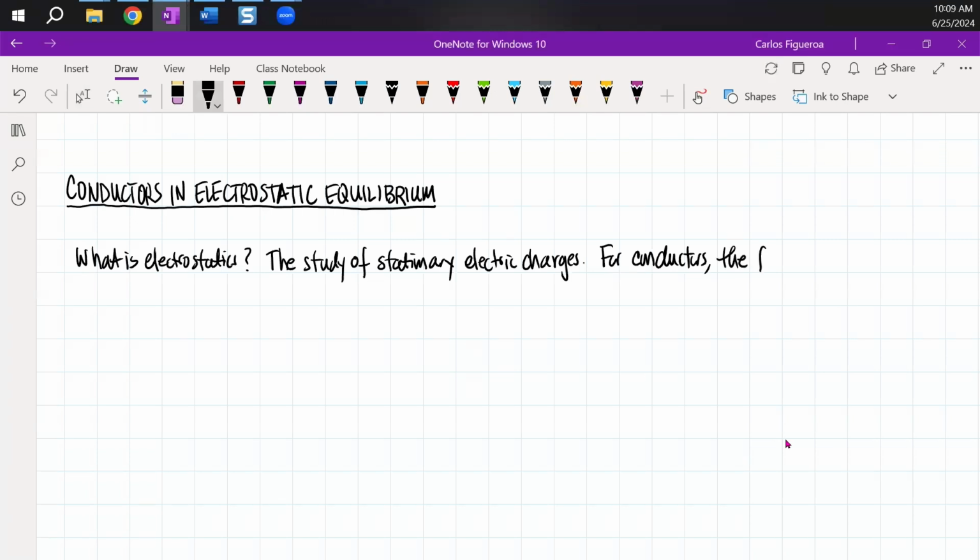the free electrons, that is the weakly bound electrons, are free to move from one metal ion to another. So that is motion.